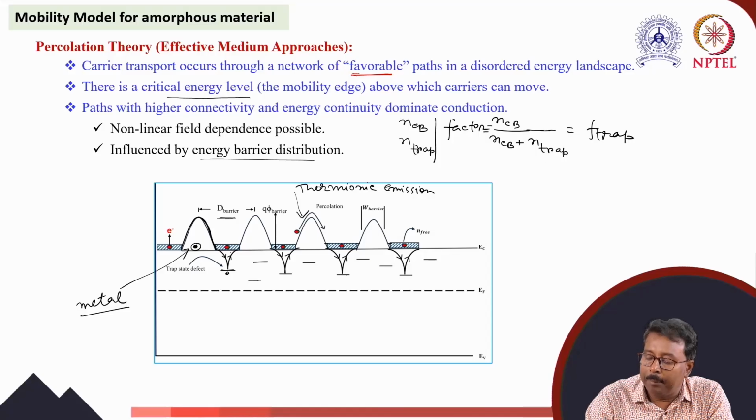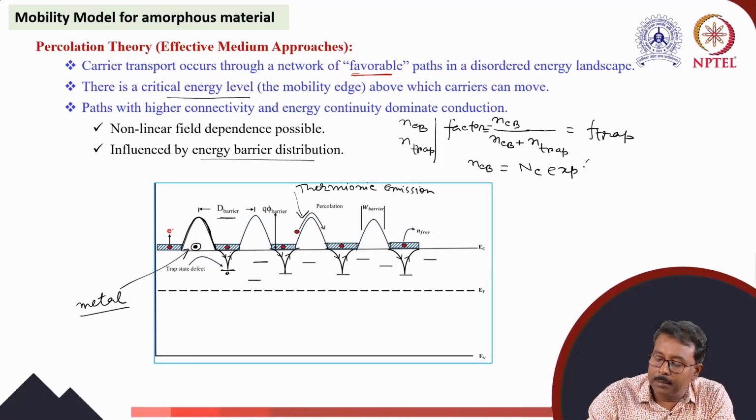NCB and N trap, from the basic equation, NCB we have already discussed. This depends on the density of states in the conduction band, NC, times exponential, from the basic Fermi-Dirac or Boltzmann distribution, of EF minus EC by KT.